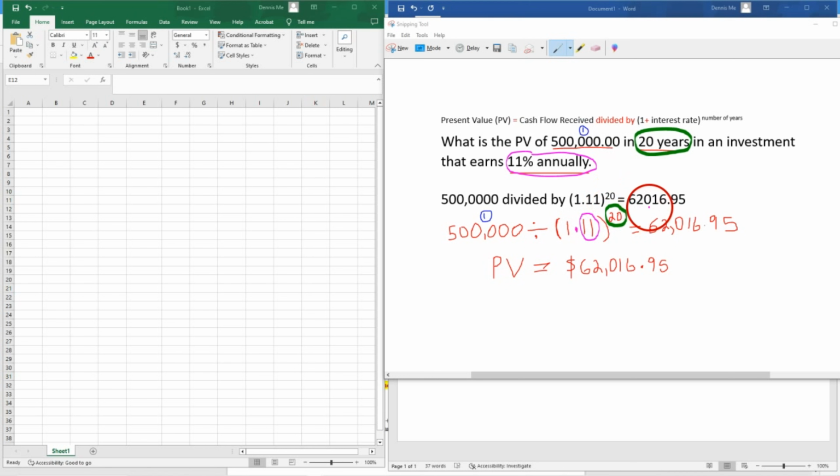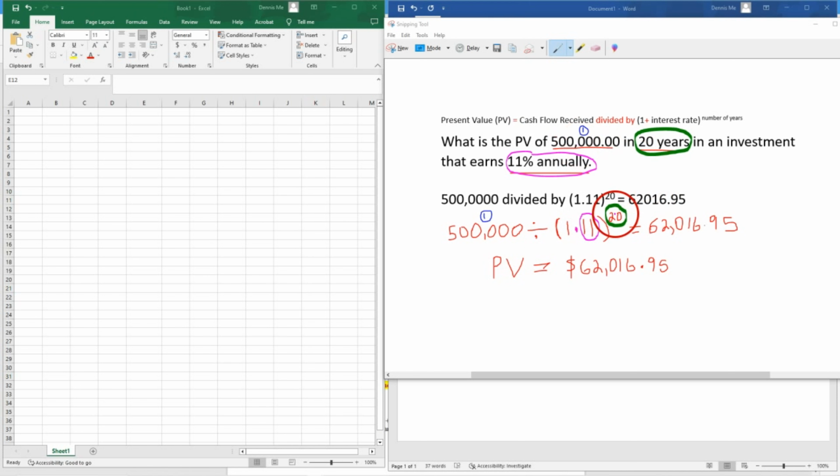And you would determine that $500,000 in 20 years, earning 11% annually, is really $62,016.95 in today's money.